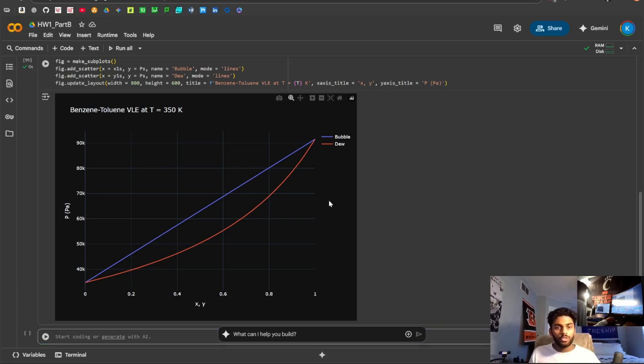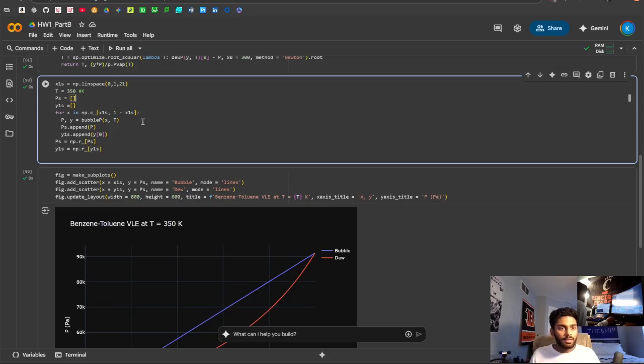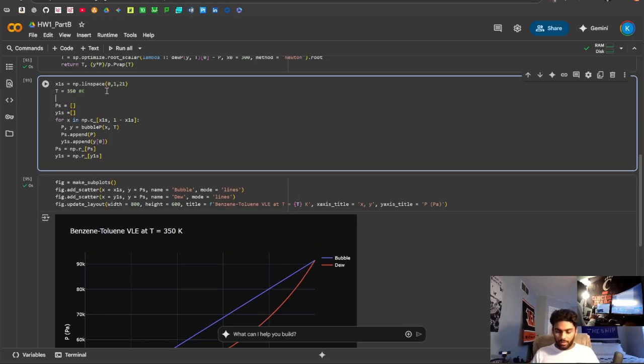Now next we want to do our constant pressure temperature versus mole fraction graph. And I think the easiest way to do that is I'll set a pressure up here, so this will be equal to atmospheric pressure, 101,325 pascals, like that.